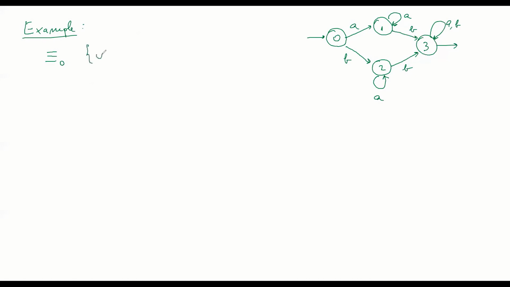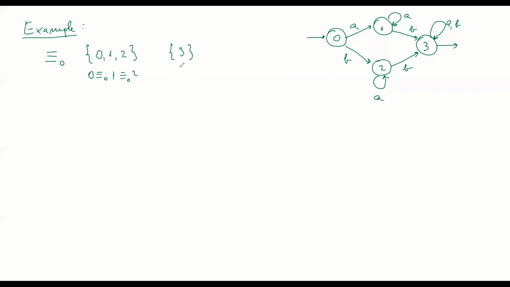One is the equivalence class made of states 0, 1, 2. These are all non-final states. And the other class is made of state 3. So what I mean by that is that these states 0, 1, 2 are equivalent to each other in this relation. And 3 is just equivalent to itself. There is no partner for it.